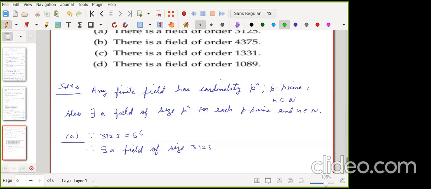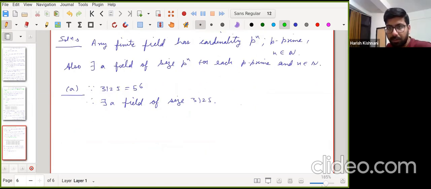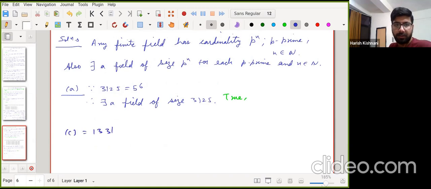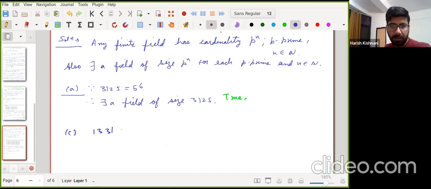That 1331 is 11 cubed. Okay, part C is also true. This is 11 cubed.